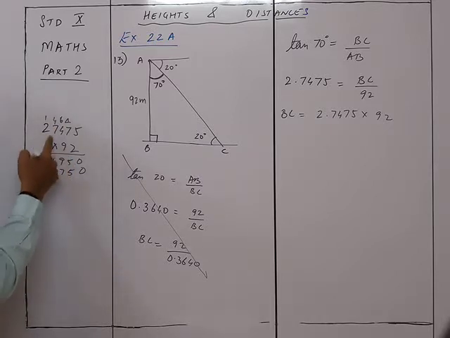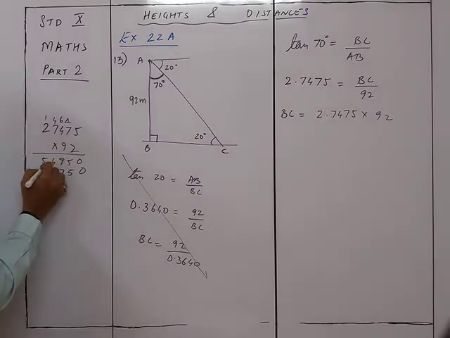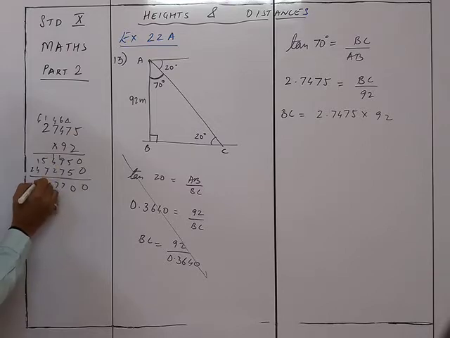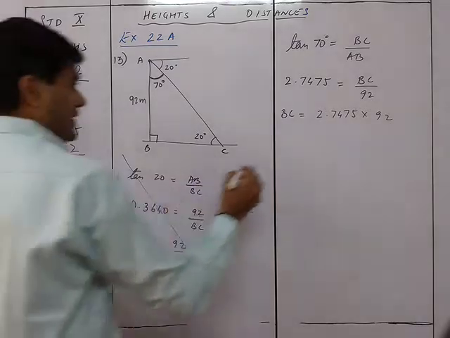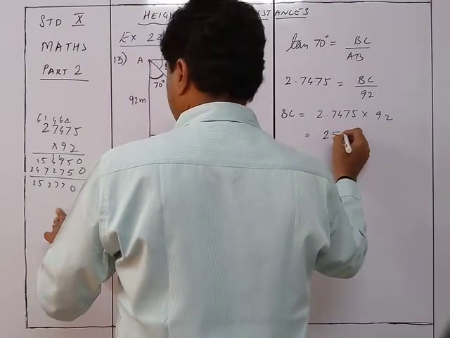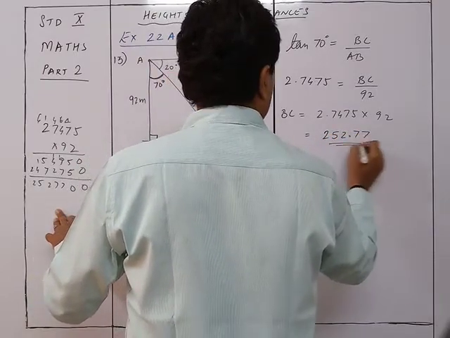And then again 7, 20, 63 plus 67, and 9 to 18 plus 6 is 24. So that will give me 0, 0, 7, 7, 12, 5 and 2. So it will give me the answer 252.77 meters.